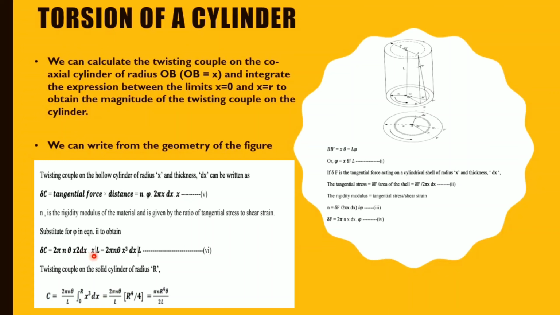Sorry, this 2 will not be there, so it will be 2 pi N theta x dx x by L. So we get 2 pi N theta x to the power of 3 dx by L. Okay.